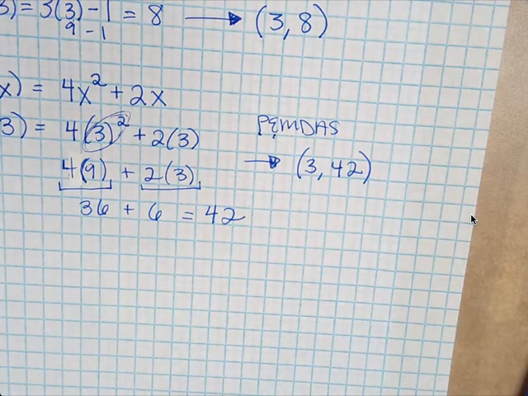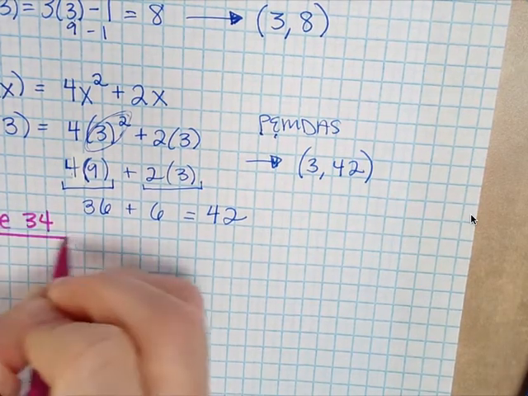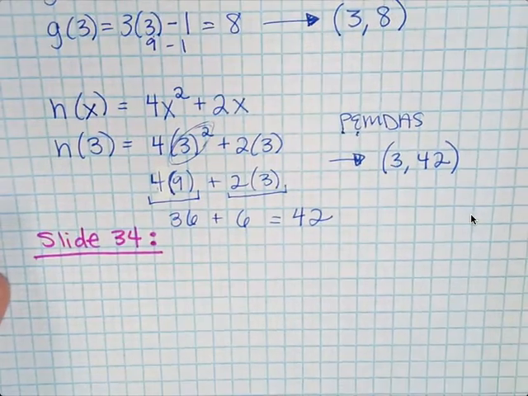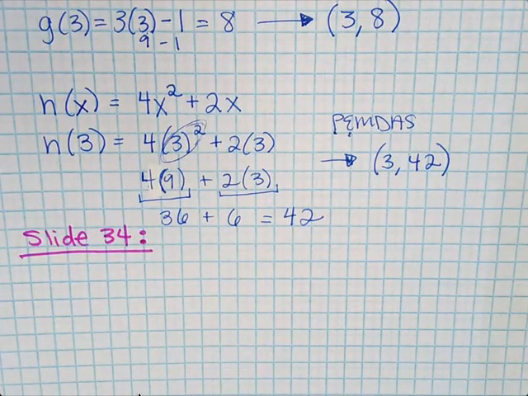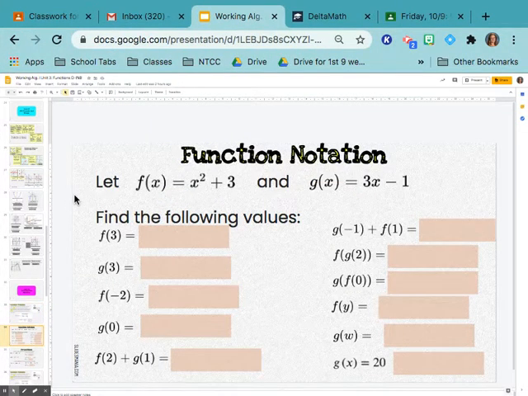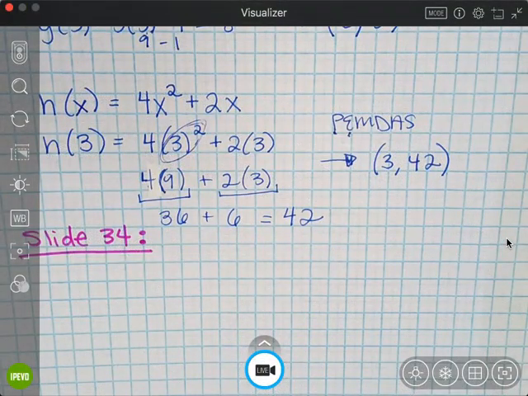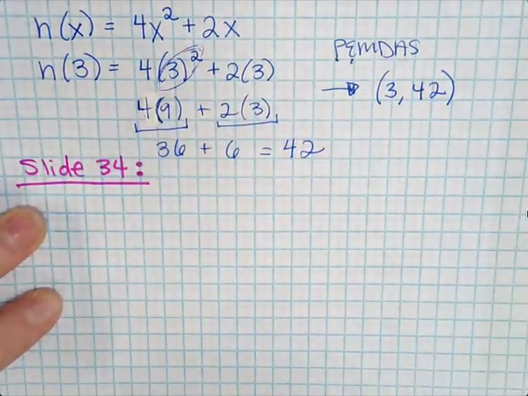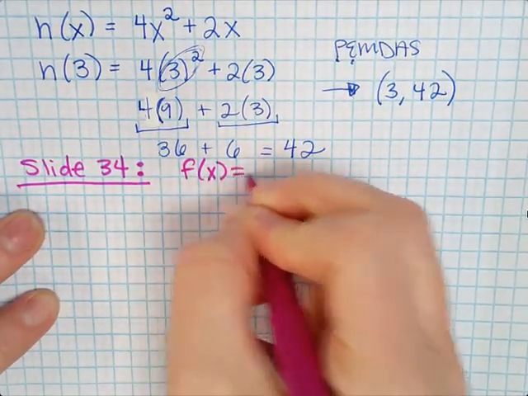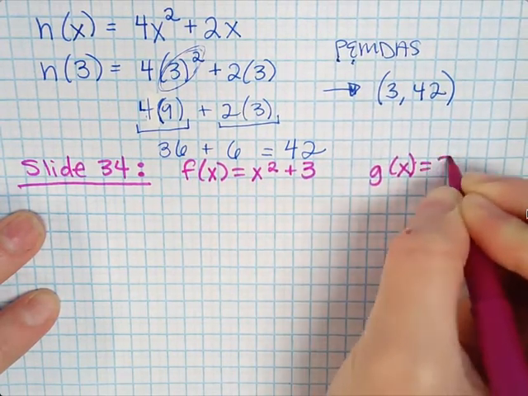Okay, so let's move on to slide 34. It says let f of x equal x squared plus 3 and g of x equal 3x minus 1. Let's write those down on our composition book. f of x equals x squared plus 3 and g of x equals 3x minus 1.